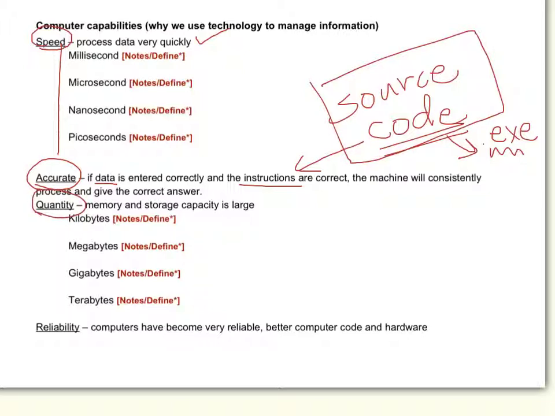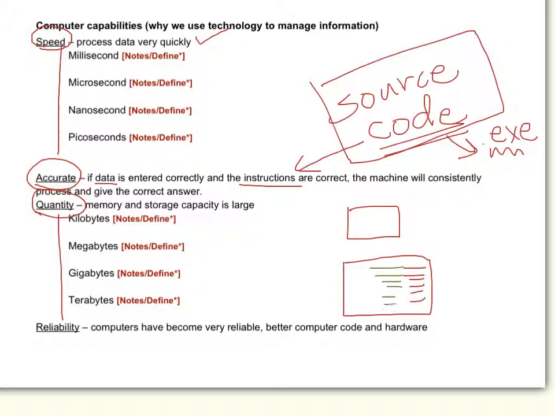The third of the attributes is quantity. Computers can work with huge amounts and never get tired. We can store huge amounts and we can process a lot. That processor can be working on huge amounts of things in memory. We can have multiple programs in memory. We can have all kinds of data in memory.